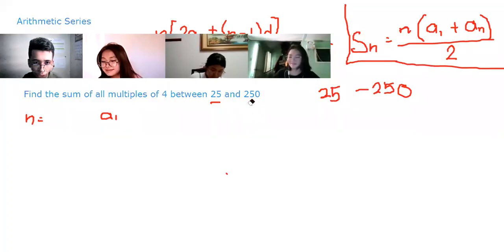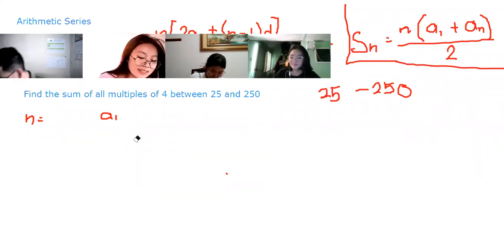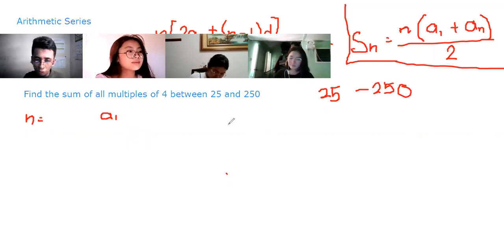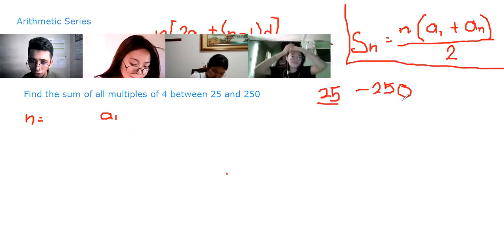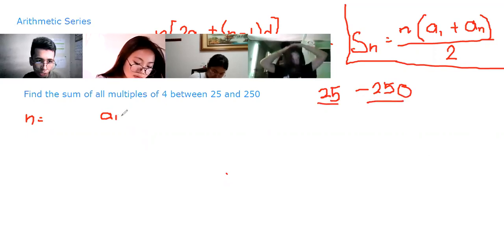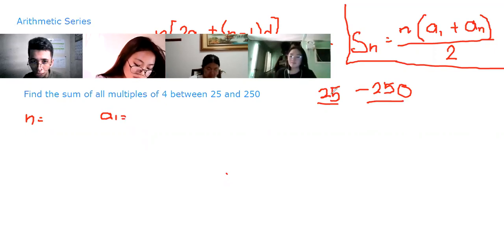So, from 25 to 250, ang hahanapin lang natin is the sum of the multiple of 4 between 25 and 250. So, si 25, ang a sub 1 natin. So, hindi naman multiple of 4 si 25, di ba? Pero malapit ng multiple of 4 sa kanya is si 28. So, our a sub 1 will be 28.